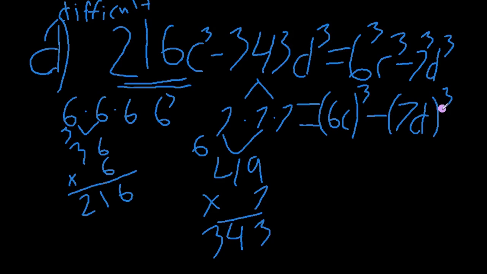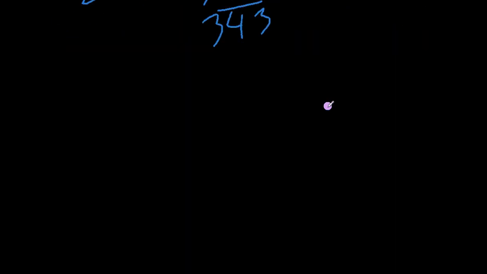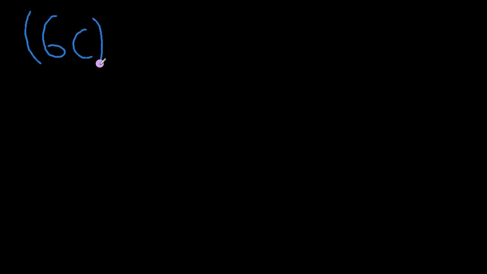Okay, so let me get myself some more space. That was 6c quantity cubed minus 7d quantity cubed.